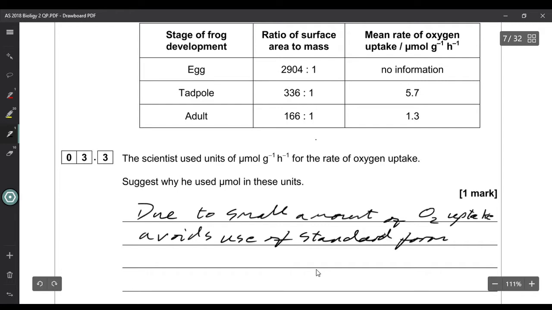Or you could have put avoids the use of numbers with many decimal places.